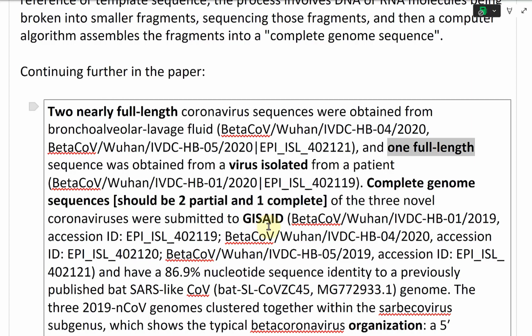Sequences of the 3 novel coronaviruses were submitted to GISAID, and it's this one right here they sent. 402119, that's this one. And they sent this one, and there's the other one here. 40212. No, actually that's a different ID.